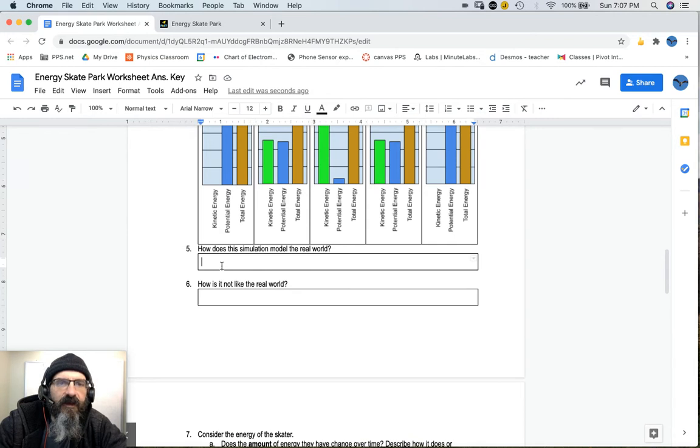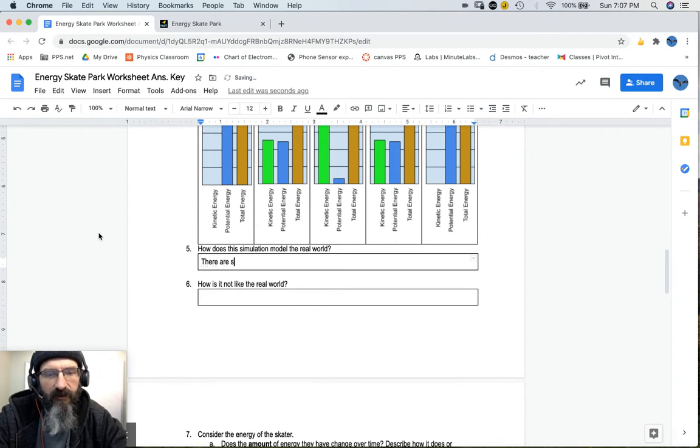How does the simulation model the real world? Well, there are skate parks. What else? Let's think physics.